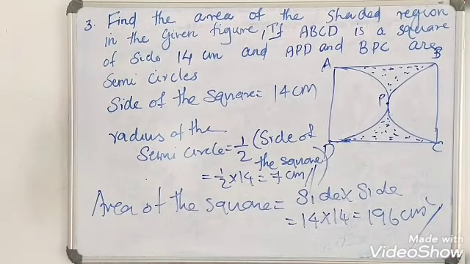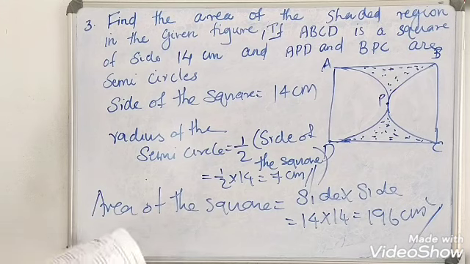From this area we can subtract the areas of the semicircles. The area of the square is 196 centimeters square.